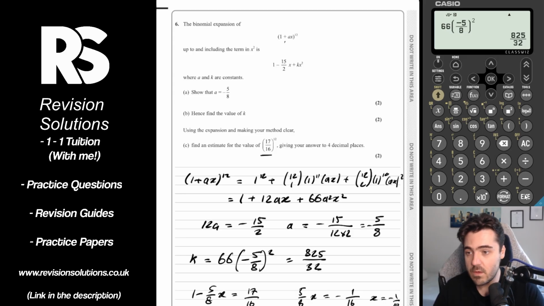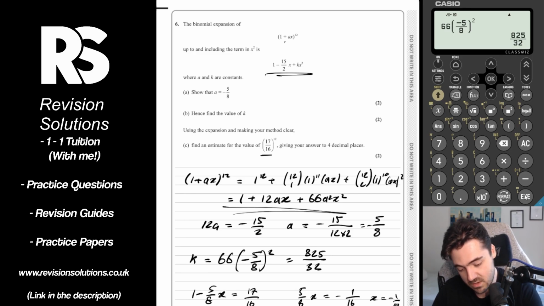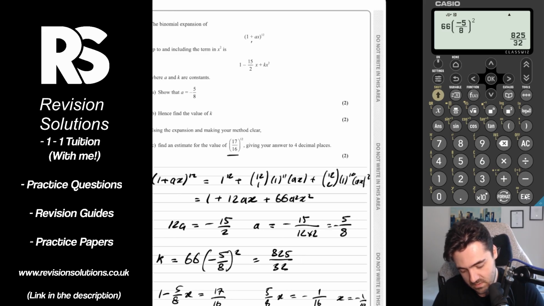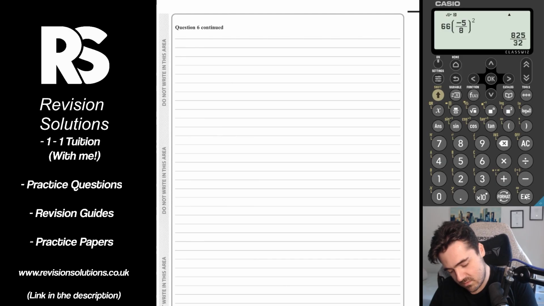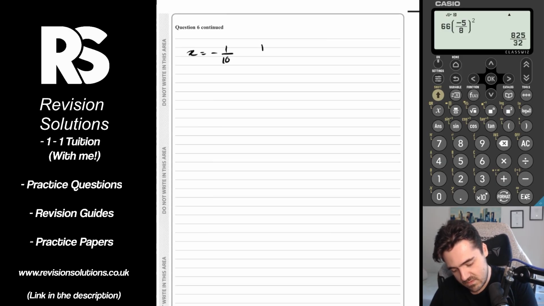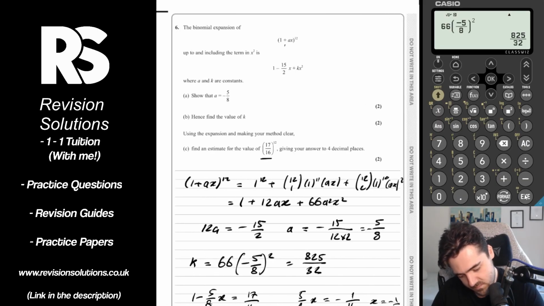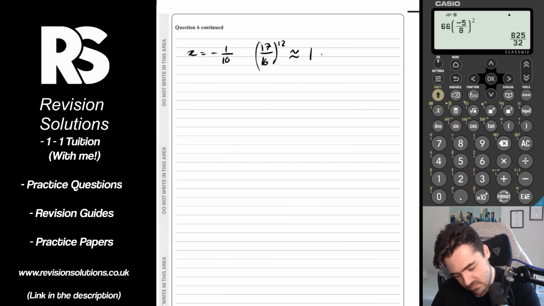So to get our approximation, we need to sub that into either theirs or our expansion. I'm going to use this one just to make it easier. They're the same thing. So when x is minus 1 over 10, 17 over 16 to the 12 is approximately 1 plus minus 15 over 2 times x, so minus 15 over 2 times minus 1 over 10.